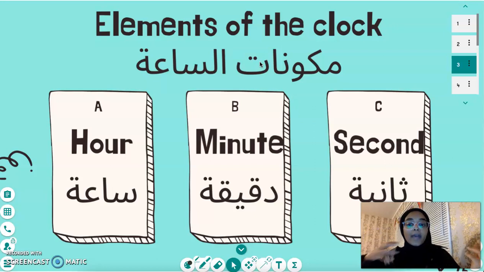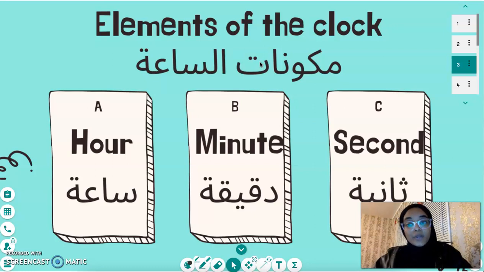Say that again, sa'a. That's clock and hour. And if you want to say "the hour", we say al-sa'a. Again, elements is مكونات, and the singular is مكون.